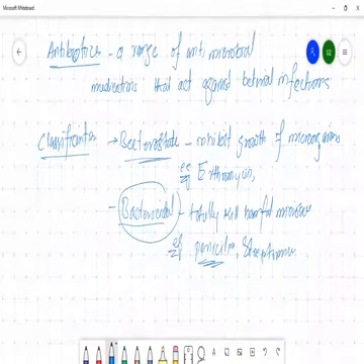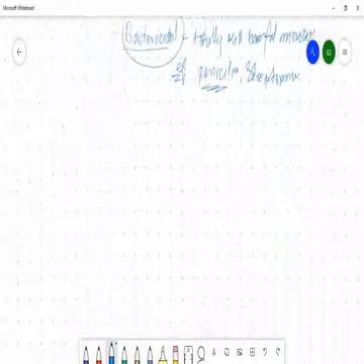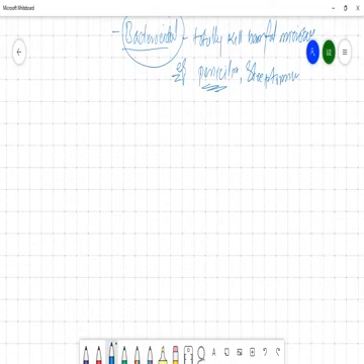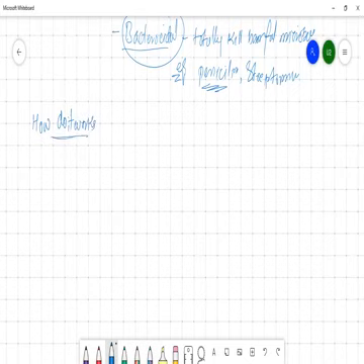All right, so now we are going to discuss the function of antibiotics. So how do they work, right?